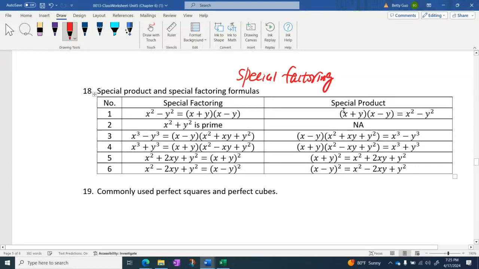Some polynomials, they are special. Why they are special? Because we are able to use formulas to factor them. So I would label this part as method number 5, special factoring. We use formulas to factor polynomials. So method number 5.